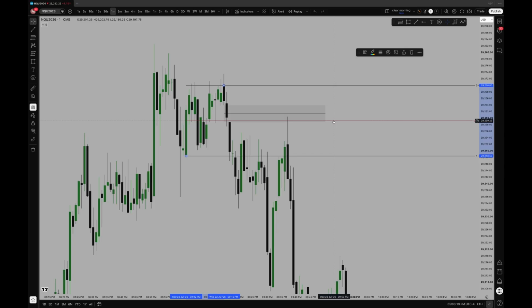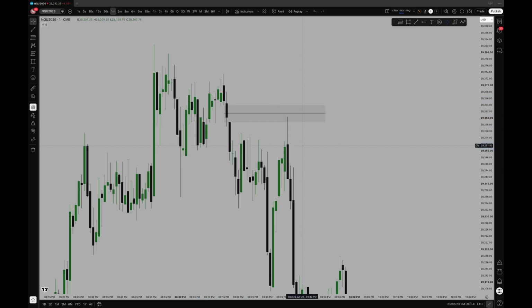Now it's important because this is two models in one, as you can see. Well, not yet. I'll show you why it is two models. You have your expansion, right? So consolidation, expansion, and yes, you have your retracement towards the 50%. So for a proper algorithmic price delivery run, you're going to want to see the 50% being hit on your expansion.